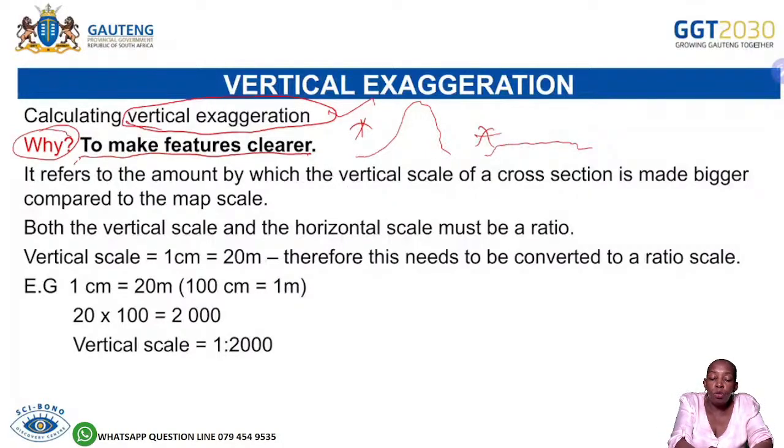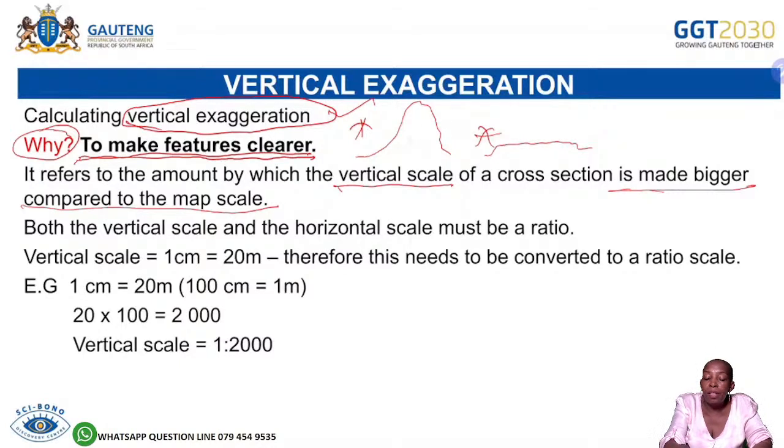So we use the vertical exaggeration calculation so that we can make the features clear. It refers to the amount by which the vertical scale of a cross-section is made bigger compared to the map. So in reality, you may find that the feature looks like this, but when you draw it on a cross-section, it might not be steep or have a clear defined shape like that.